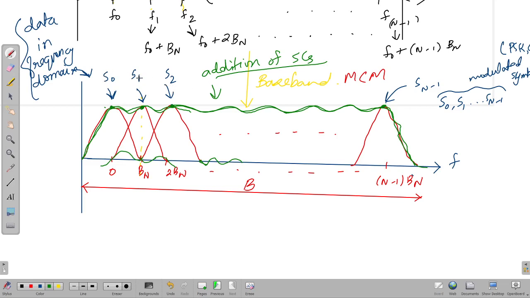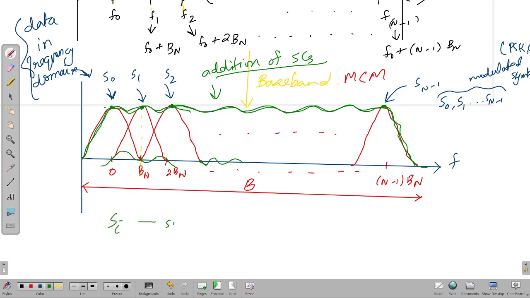So S0, S1, S2 up to Sn-1 are basically data in frequency domain, or they denote the data transmitted on the subcarriers. I can write Si.